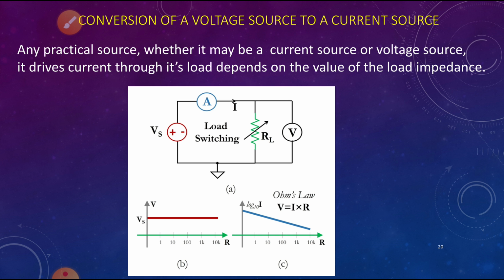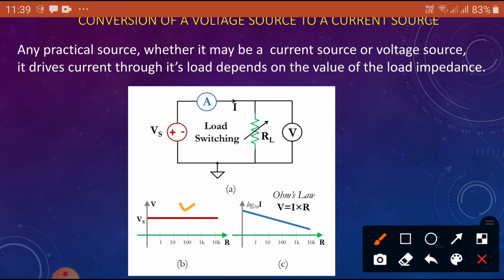In constant current sources, what happens? In this source, the voltage is maintained constant under open circuit, but in real time, due to the internal resistance of the circuit, the voltage is dropped to some value. So instead of maintaining it, the voltage is dropped. We have seen how the current changes and how the voltage changes.